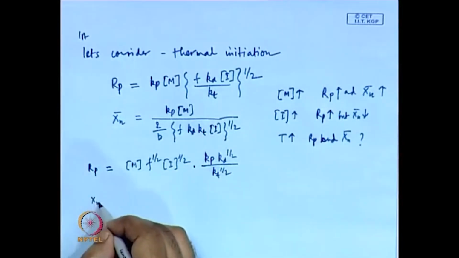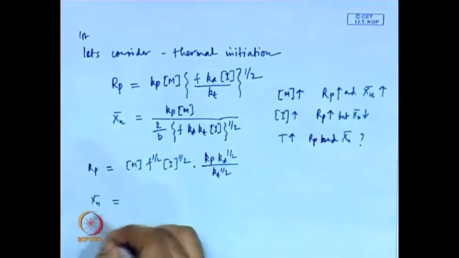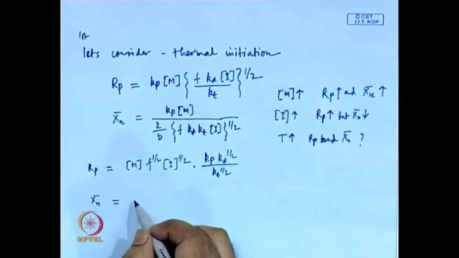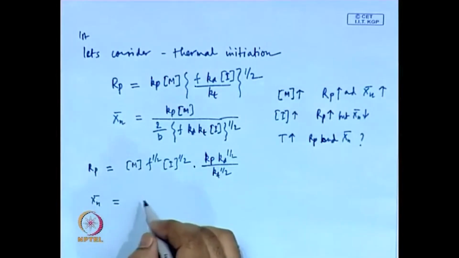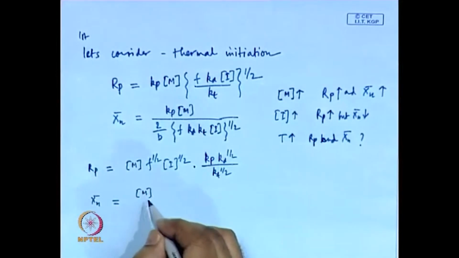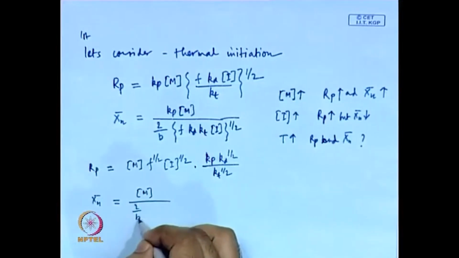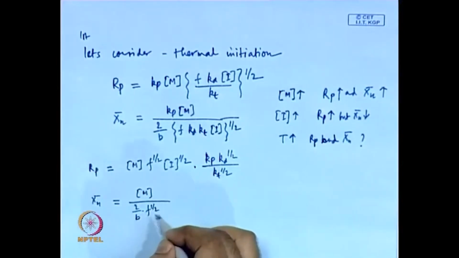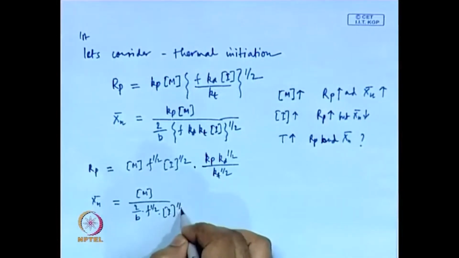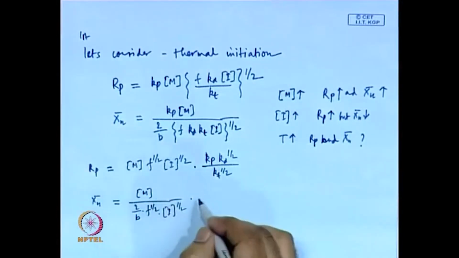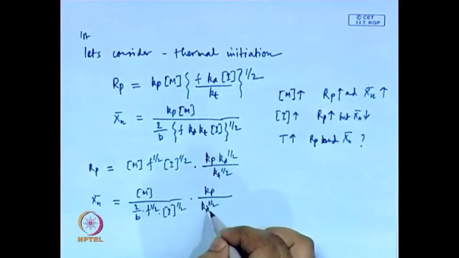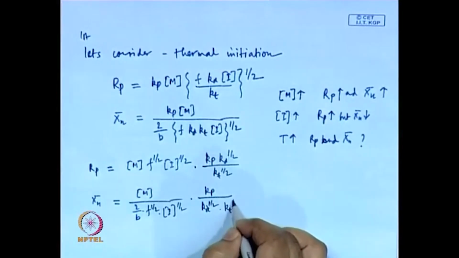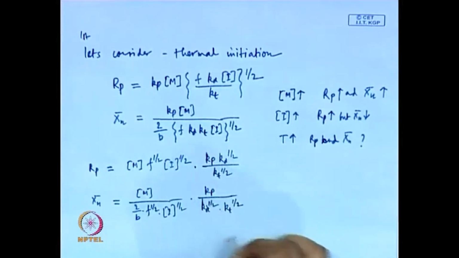Similarly, you can break down the number average degree of polymerization into two terms: one temperature independent, and the other Kd Kt to the power half, which is temperature dependent.